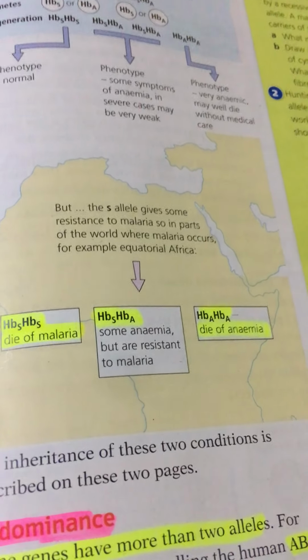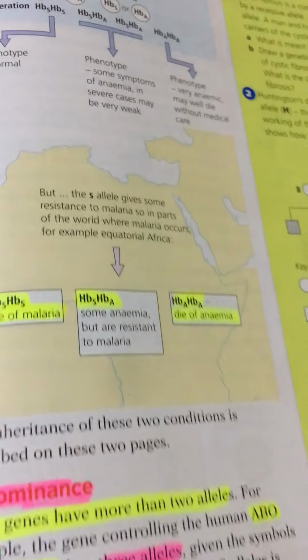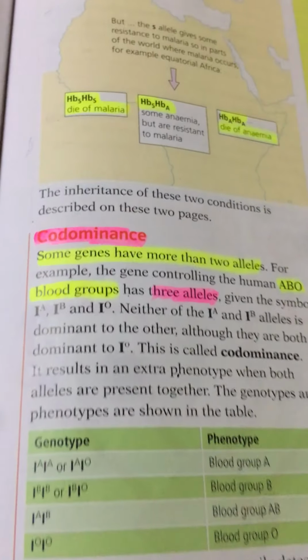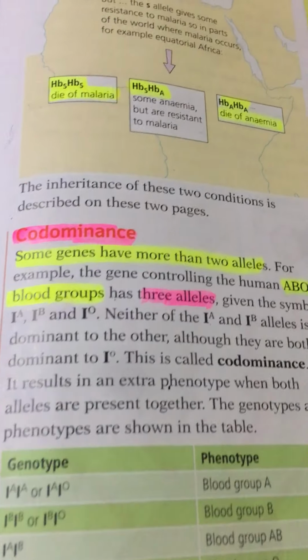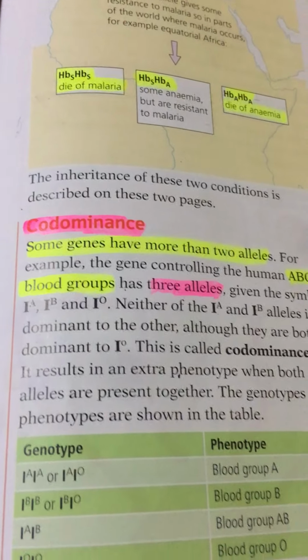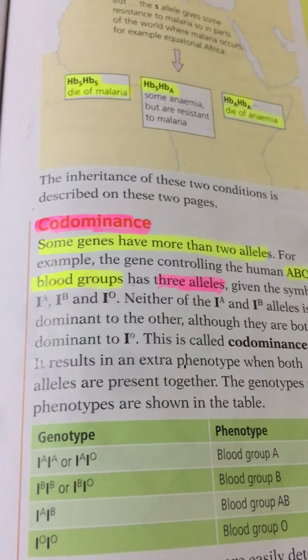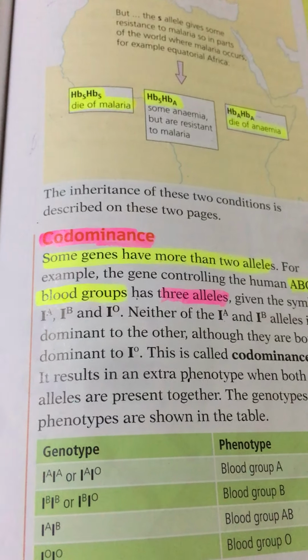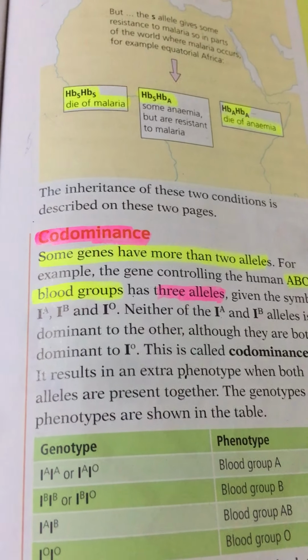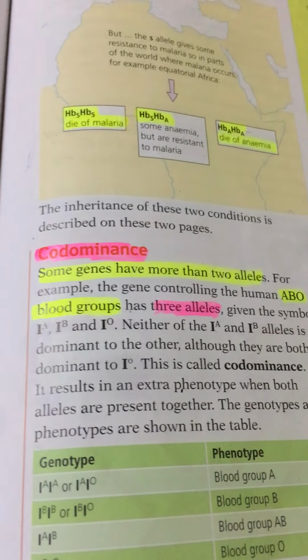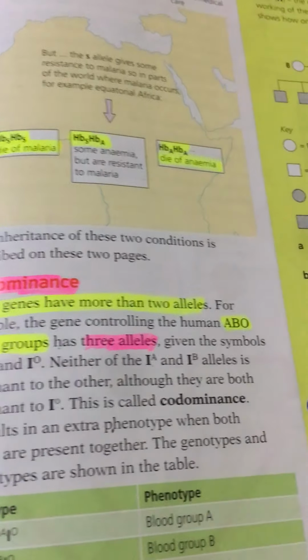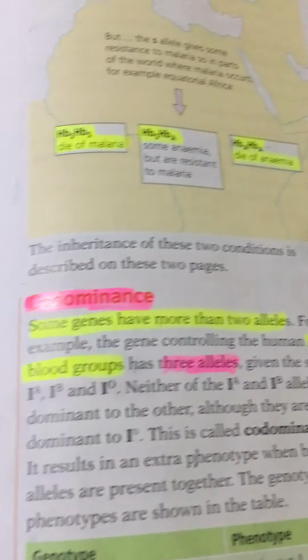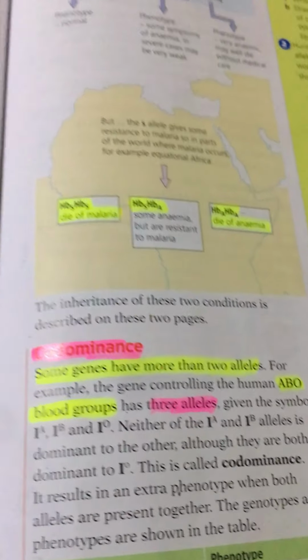So the last thing in this lesson, we are going to talk about codominance. Now, you have to know what we mean by codominance. Actually, some genes have more than 2 alleles. They could have 3 alleles, like ABO blood groups.